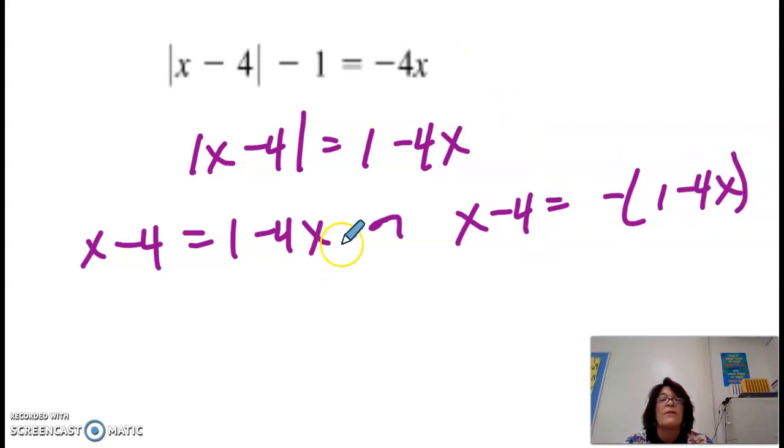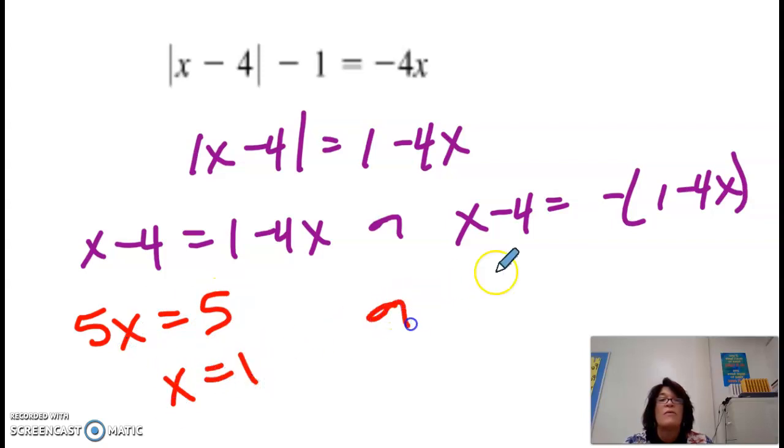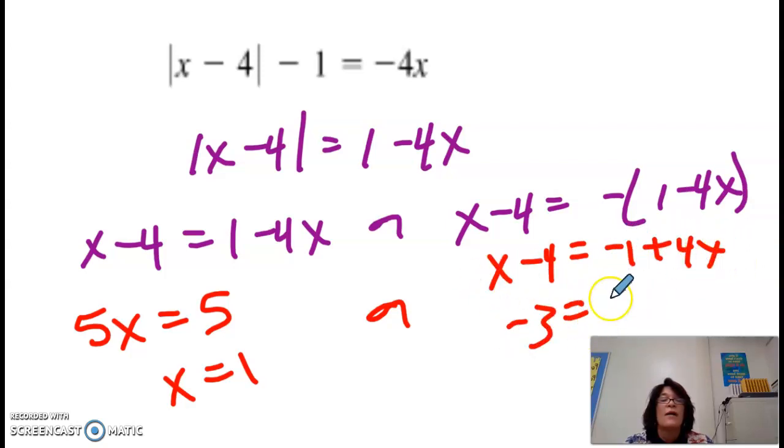No difference, even though it's an expression over here. I'm going to add 4x. I'm going to add 4. So x is either 1 or, of course, I'll distribute my negative through. I'm going to add 1 over here, subtract 1 there, subtract 1x. Oh, so x is negative 1. So I have 1 or negative 1.